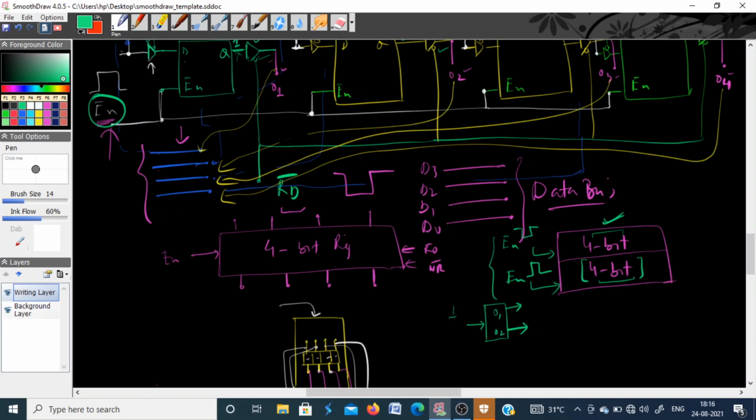The input can be 0 or 1. If my input is 0, the first pin will go high, or logic 1. If my input is 1, the second output will go high. Like this, I can enable either this register or that register at a time. Okay, so we will continue with this in the next class.